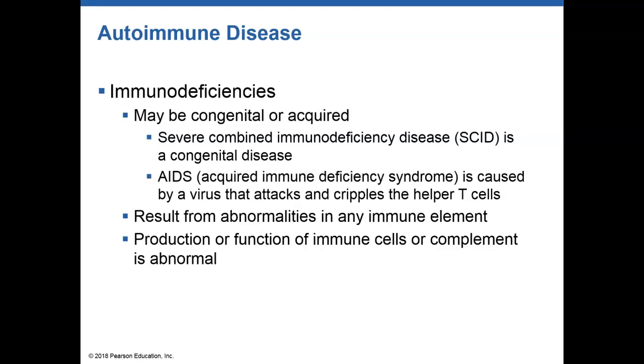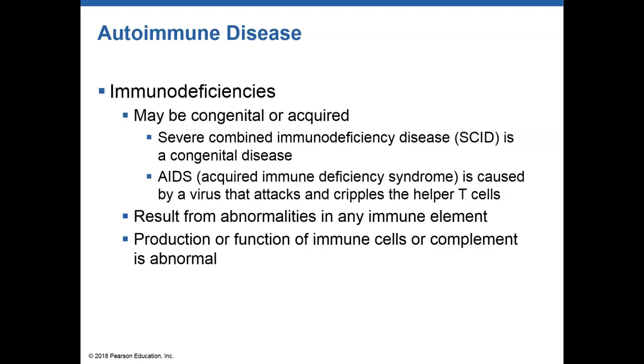The two major immunodeficiency diseases that we talk about: SCID, severe combined immunodeficiency disease, is a disease in which you are born without the ability to produce an immune system, often associated with a protein called RAG that doesn't function properly.